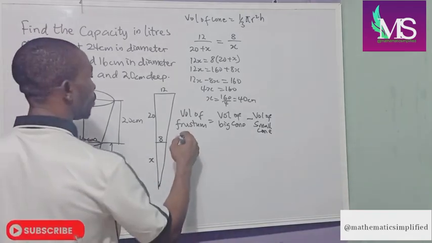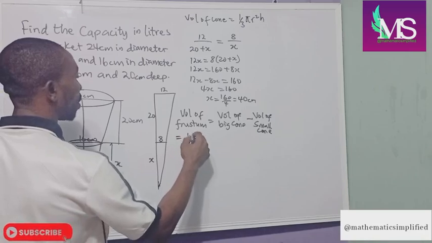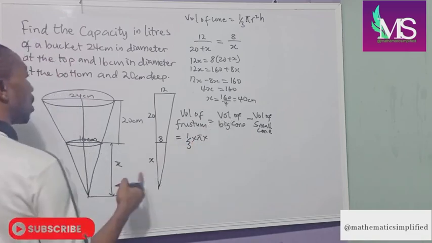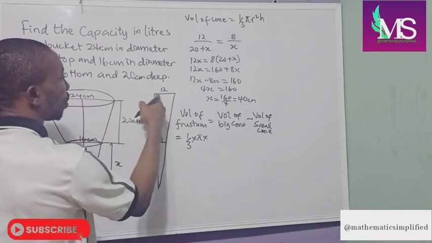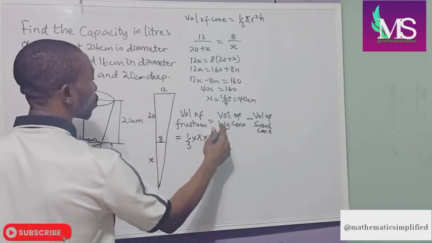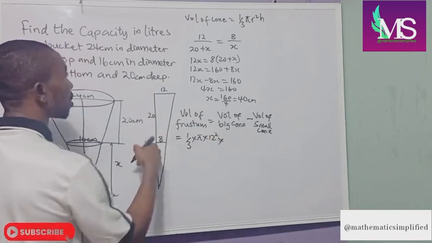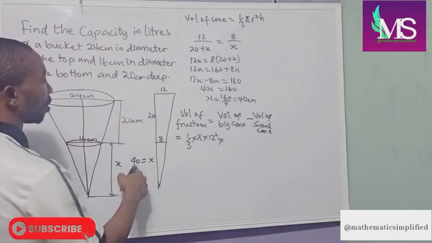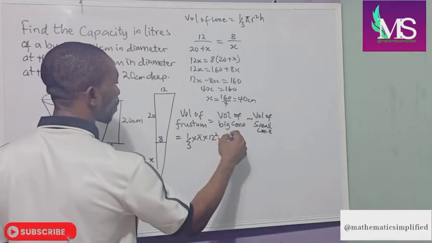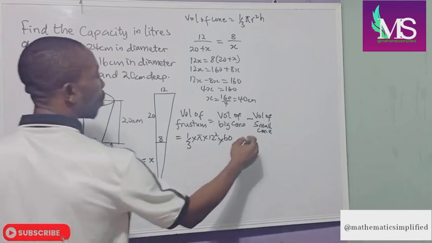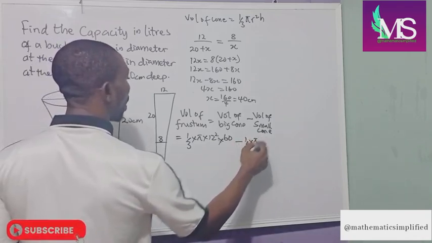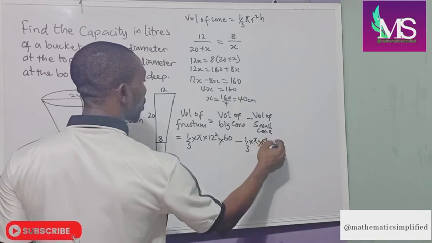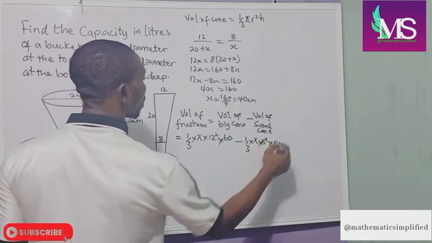For the volume of the big cone, we have 1 over 3 times pi, which is constant, times r. Our r for the big cone is 12 squared times the height. Remember that the height is 20 plus x, and our x is 40, so our height will become 60, minus 1 over 3 times pi, times our small r which is 8 squared, times our height, which is 40.